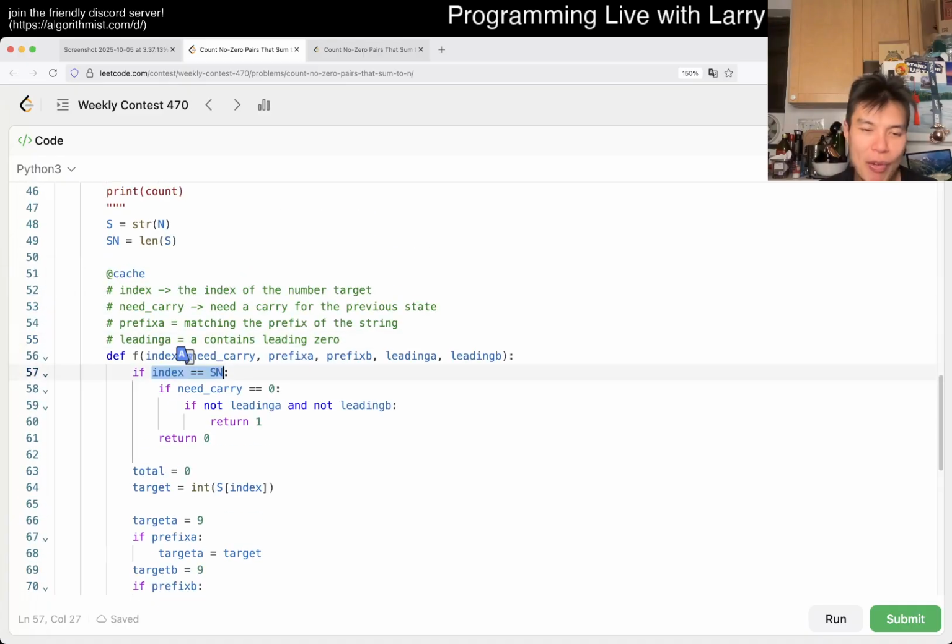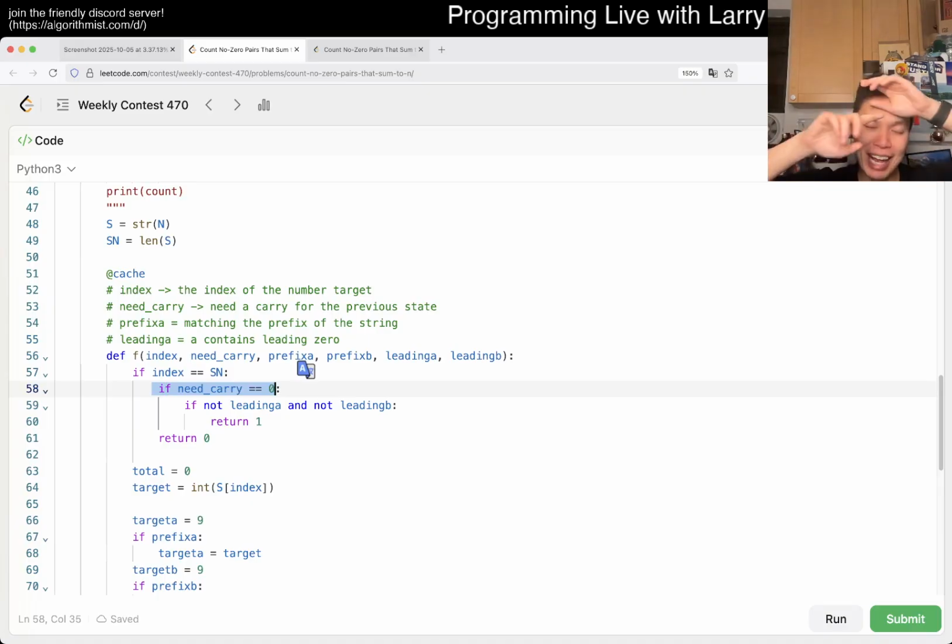Base case is, well, we ran out of digits for the initial input. If we still need a carry, and my need carry is not Boolean, so that it makes the math later a little bit easier, it's a 1 or 0. So if we still need a carry, then we're no good, because if we need a carry, well, there's no more digits to give you a carry in the future. So yeah, that's no good.